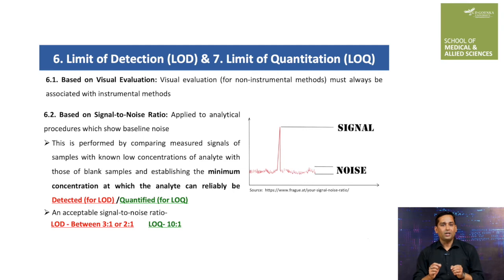This is performed by comparing signals of the lowest concentration of analyte with signals of blank samples to establish the minimum concentration at which the analyte can confidently be detected for LOD and quantified for LOQ. An acceptable signal to noise ratio for LOD generally lies between 3:1 to 2:1, and for LOQ it is 10:1.